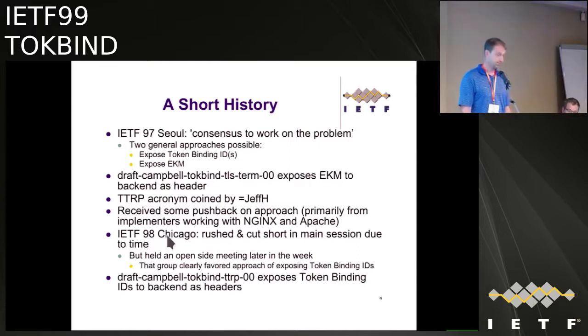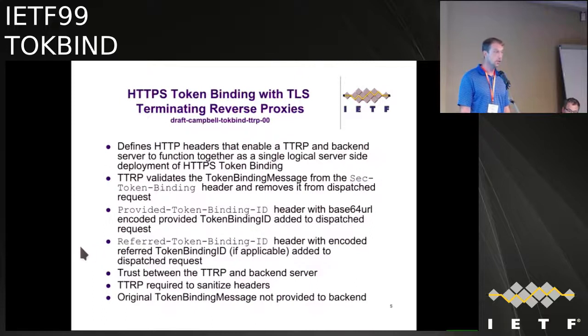Next, please. A little bit more detail about how that works. It defines HTTP headers that enable a TTRP and a backend server to function together as a single logical server-side deployment of HTTPS token binding. What happens is this TTRP validates the token binding message from the sec token binding header that we all know and love, and removes it from the dispatch request to the backend application.